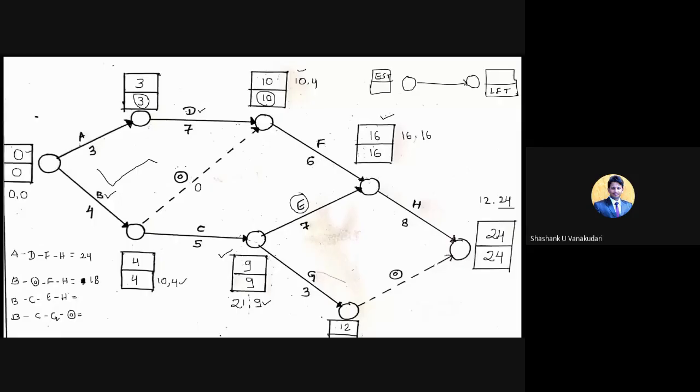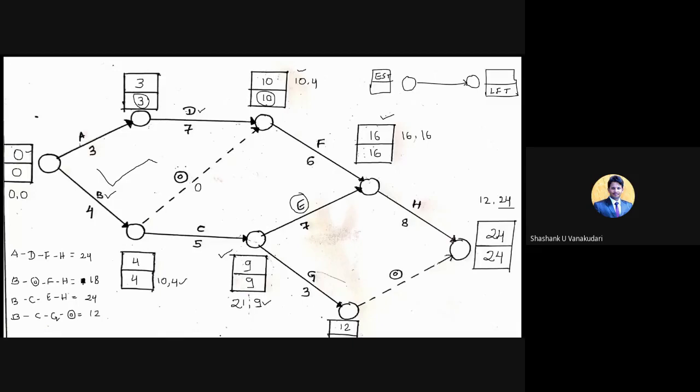Yes, sir. And the third path, BCEH, this also is 24. Correct? And the last one is at the bottom, 4 plus 5, 9, 9 plus 3, it's 12.